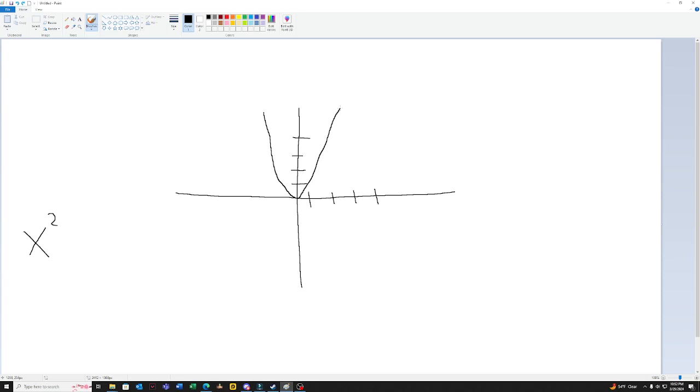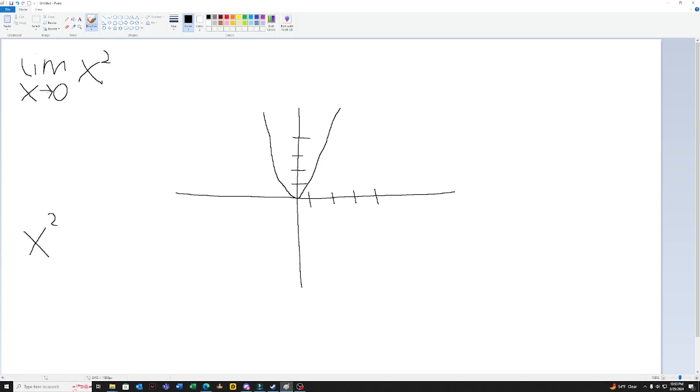There we go. Now, what limits is basically trying to do is hone in on one point of this graph and ask you, what does this function approach? What value does it come close to? A very basic one would be, what is the limit, this is what the notation looks like, as x approaches 0 of x squared.